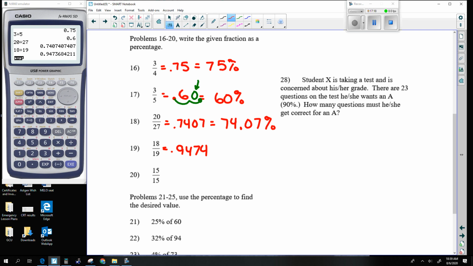Still round your decimal, is 94.74%. 15 out of 15. 1. Move that decimal 2 decimal places, that's 100%.